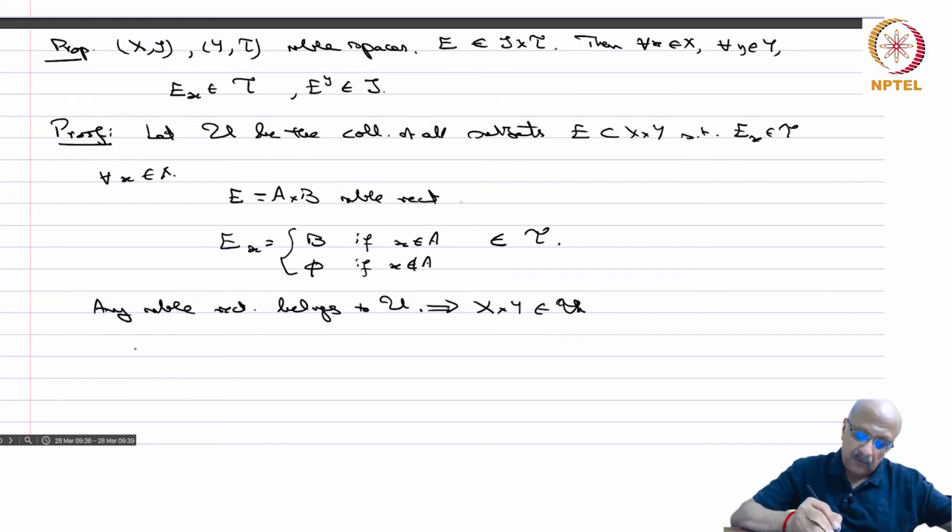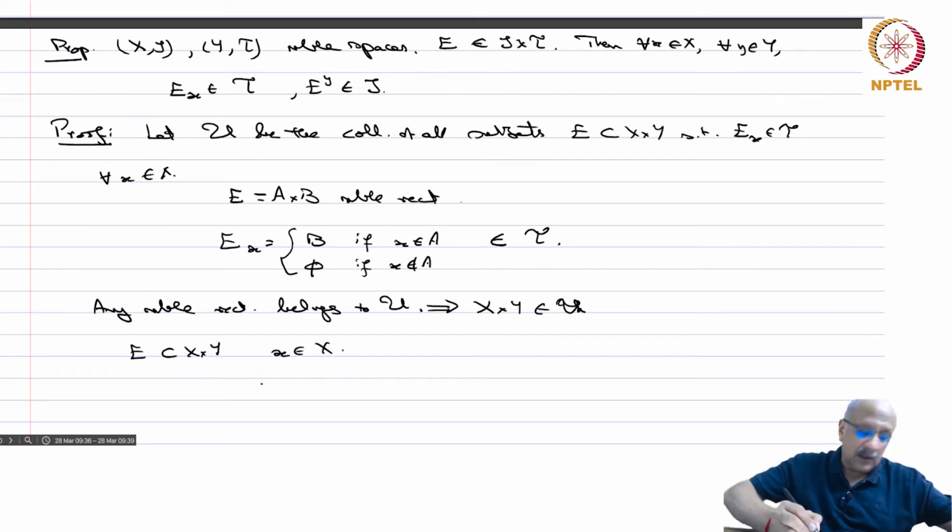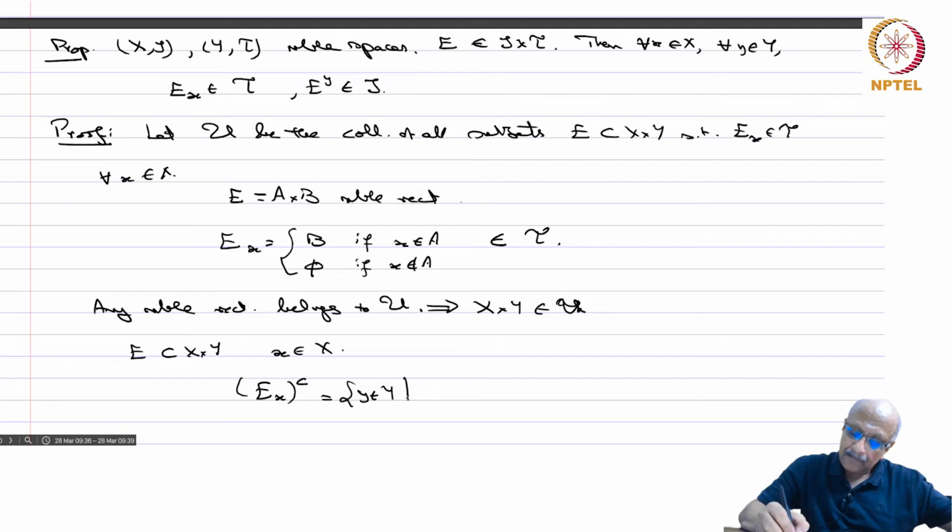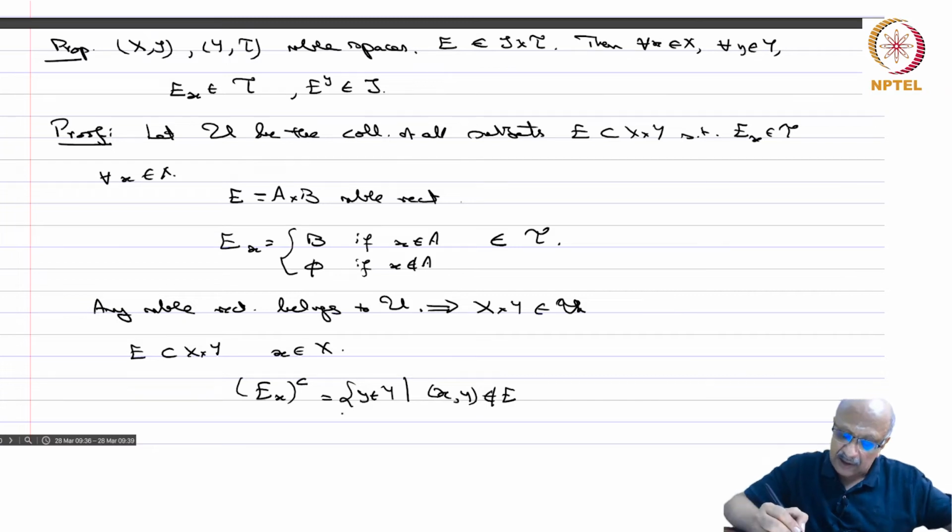Now if E is contained in X cross Y and x is in X, then what is the complement of E sub x? This is the set of all y in Y such that (x, y) is not in E. y is not in E sub x means (x, y) is not in E, and this is nothing but (E complement) sub x.